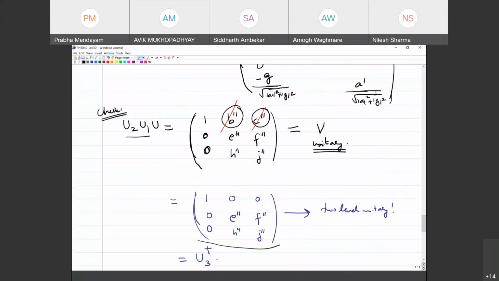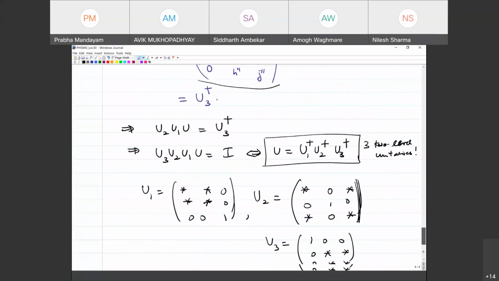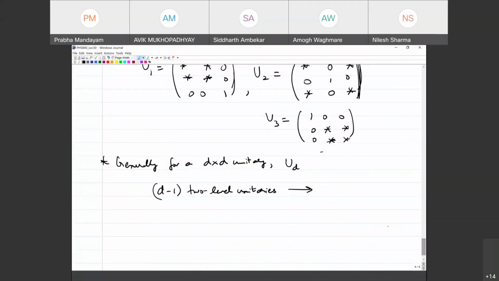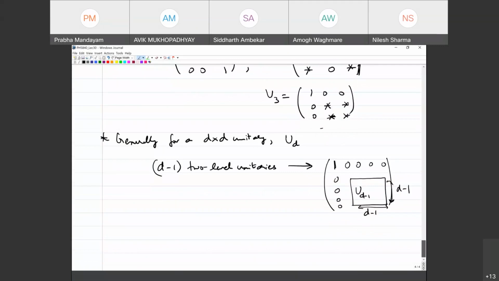So by extension, if I use D minus 1 unitaries, I can get it to a form where this entry becomes 1, all of these become zeros, all of these become zeros, but what I have out here is a D minus 1 dimension unitary, which means a D minus 1 cross D minus 1 unitary matrix. This is what we'll call U sub D minus 1. And now again, you do this procedure recursively.